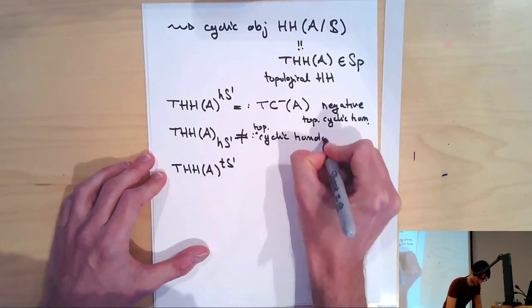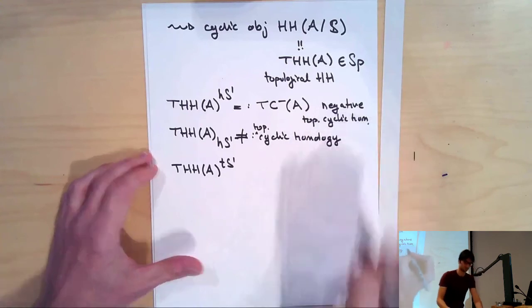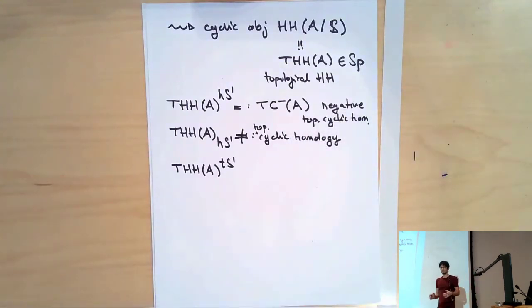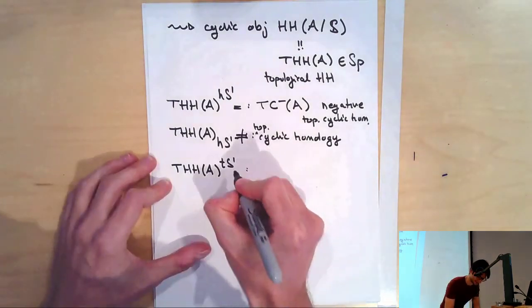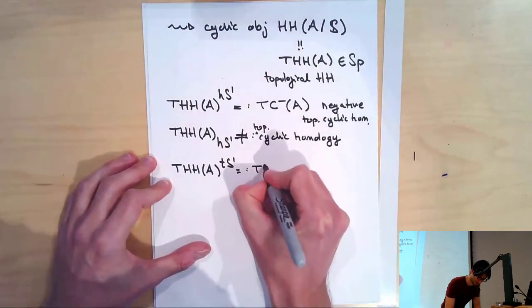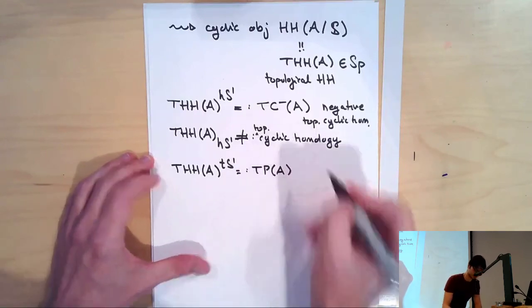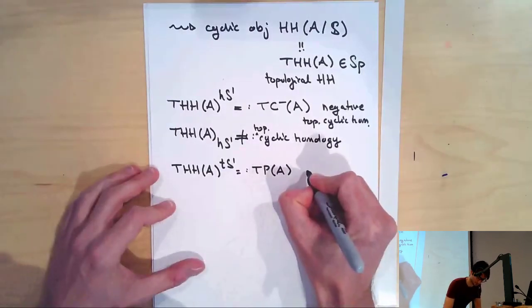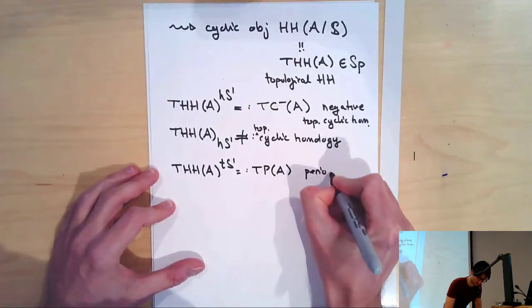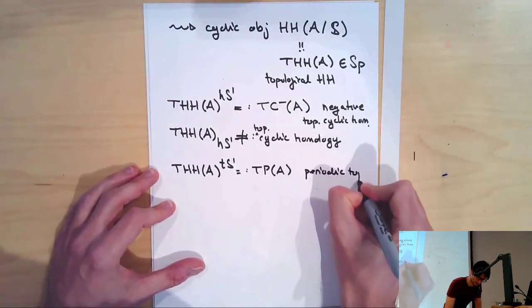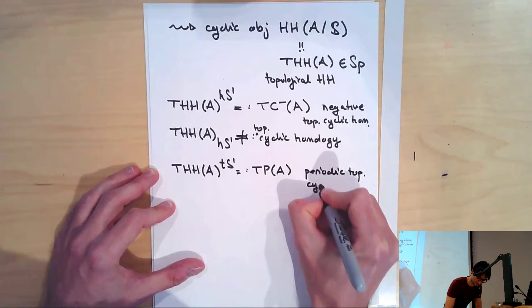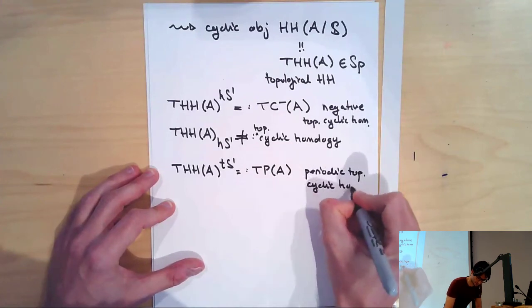It doesn't have a good name apart from just calling it the S1 homology of the action. And this one is called TP of A, for historical reasons. TP of A is the periodic topological cyclic homology of our algebra A.